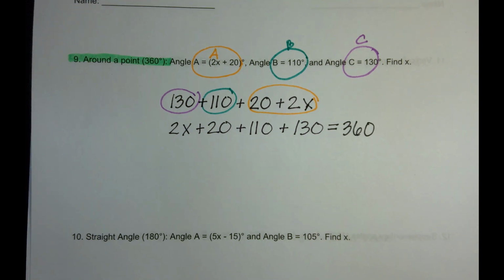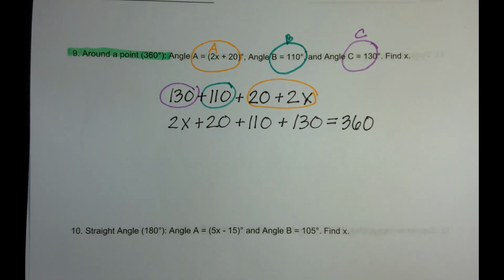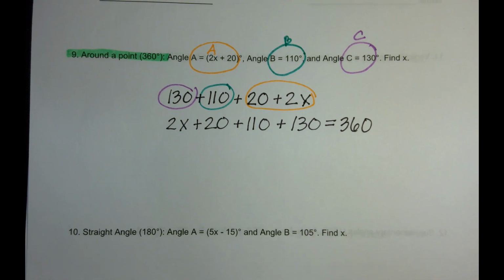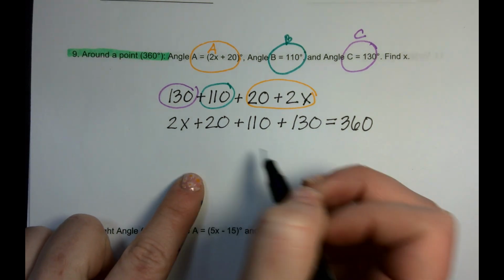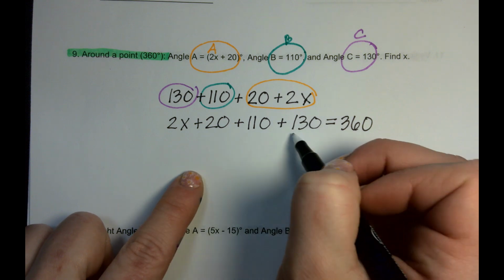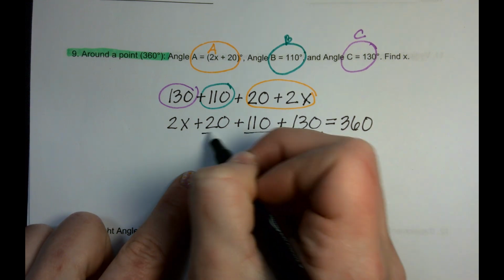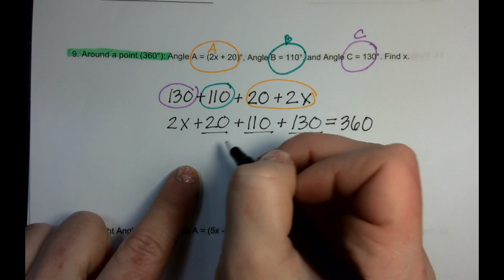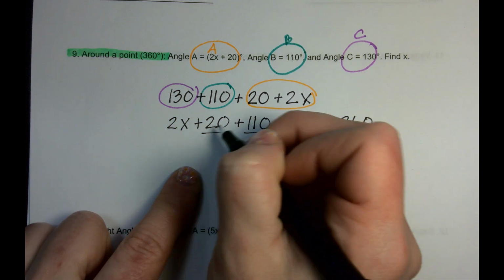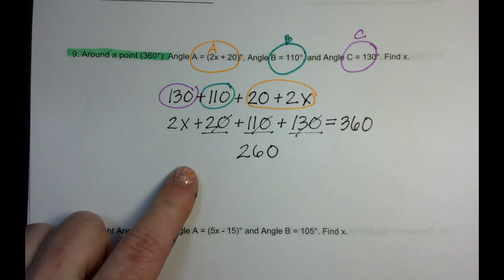Okay. So, now we have our equation. Combine your like terms. What are my like terms? 130, 110, and 20. And that gives us what when we add them? 260. So I'm going to cross them off because I'm done with them.